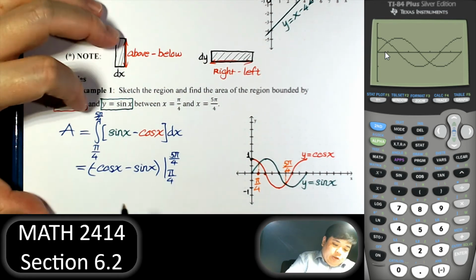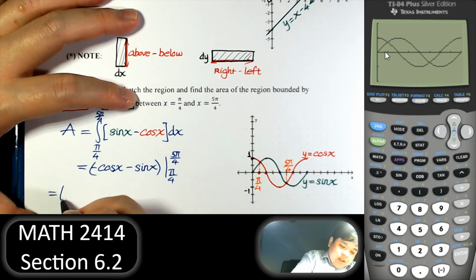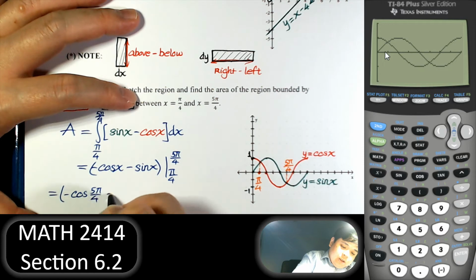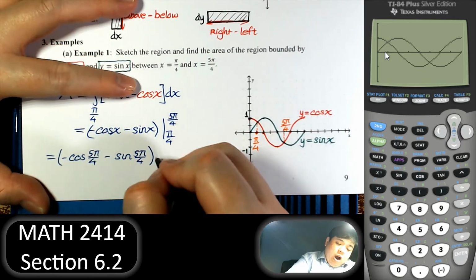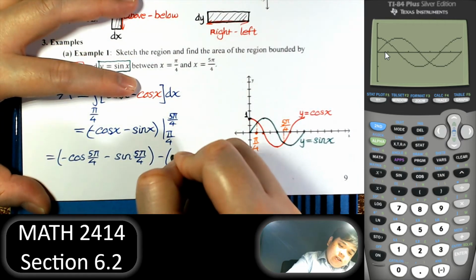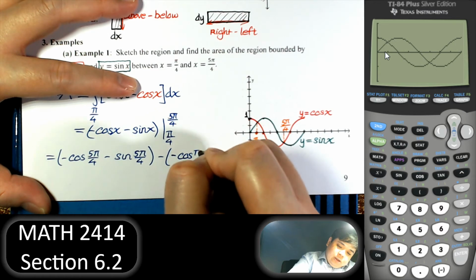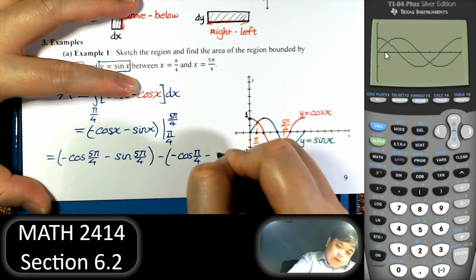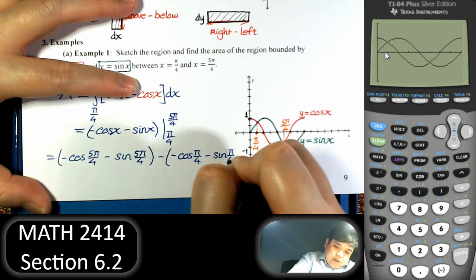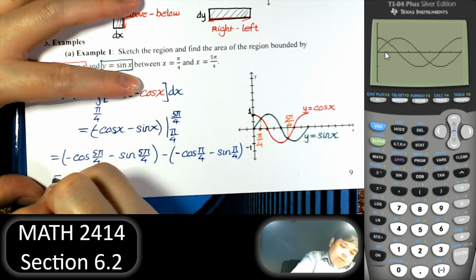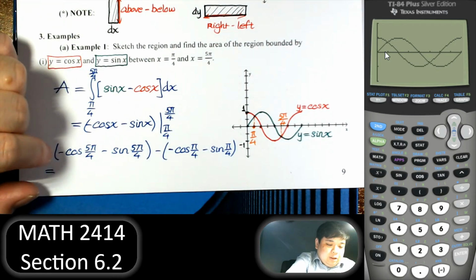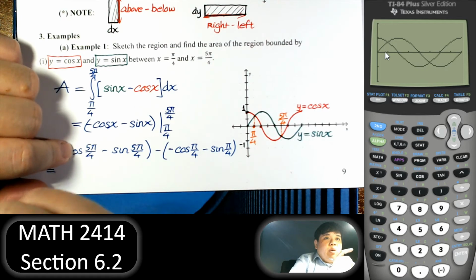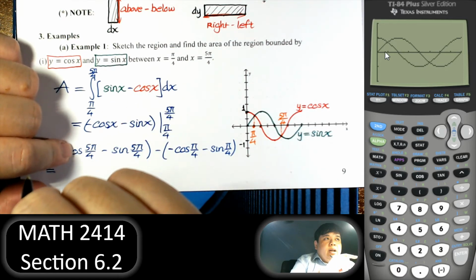Right, put 5 pi over 4 in. And then put pi over 4. Cosine of 5 pi over 4 is a little more.